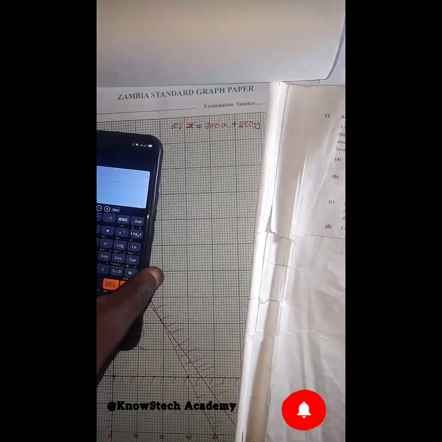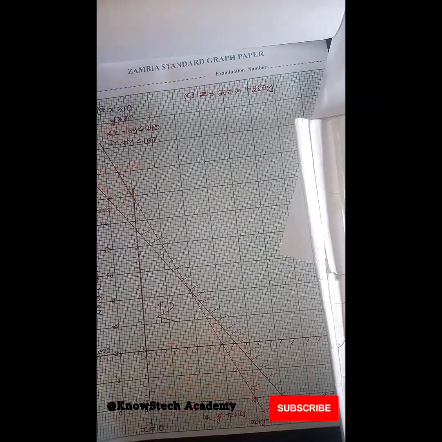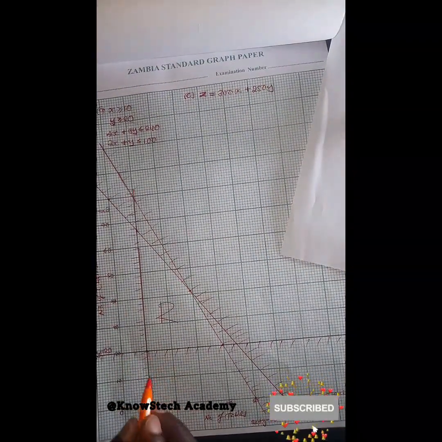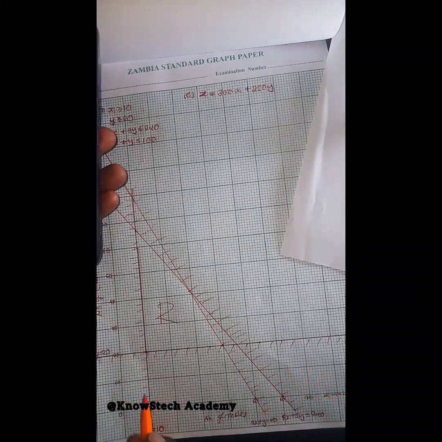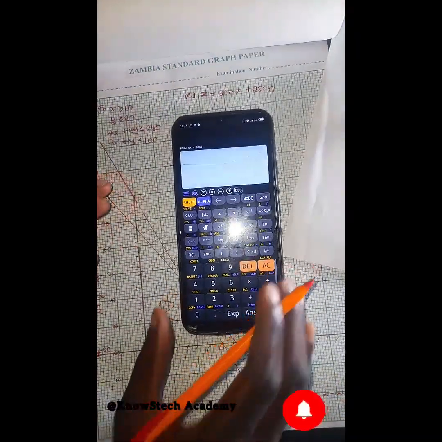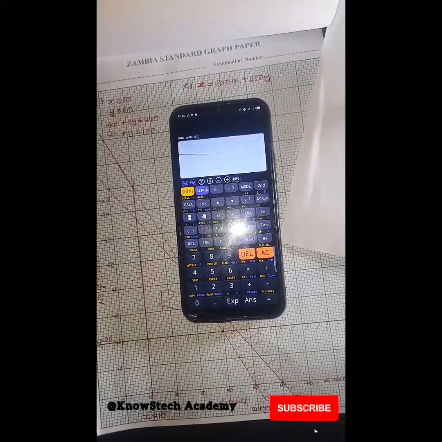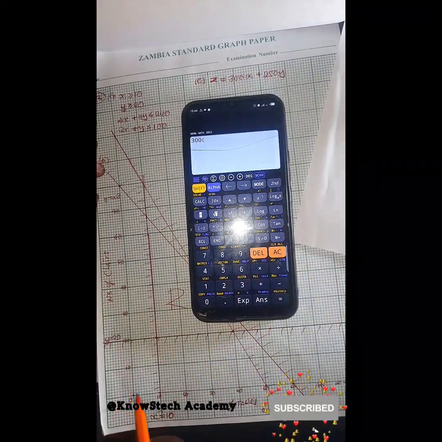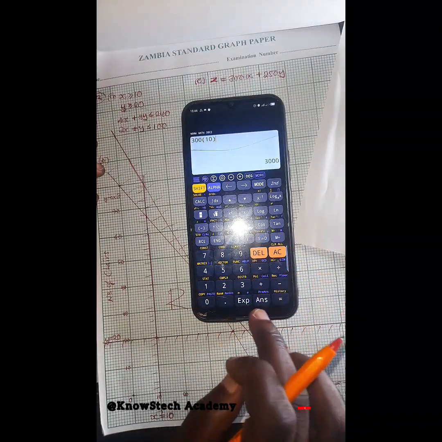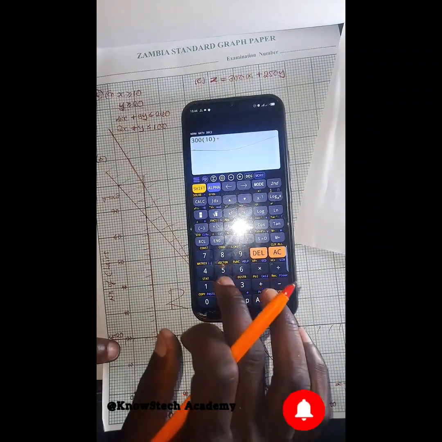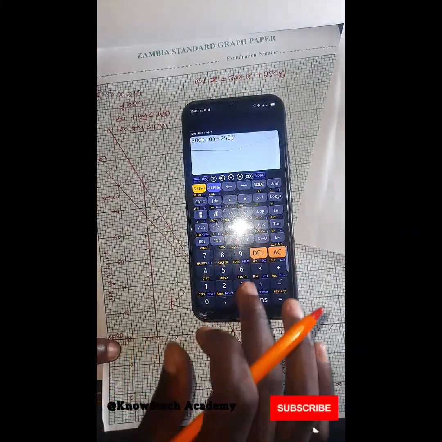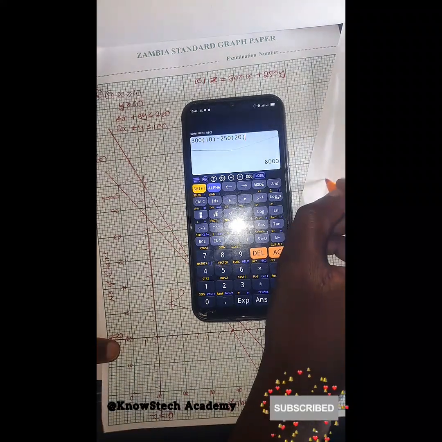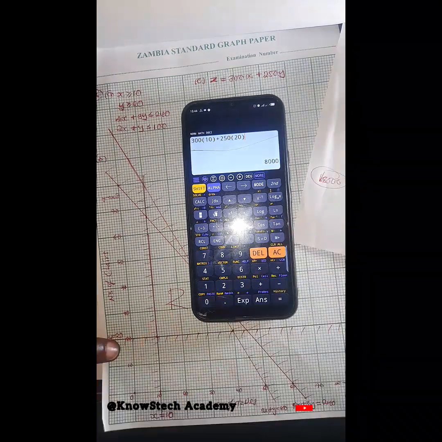Using my calculator here, let's start with this coordinate which is 10, 20. 10 is X, 20 is Y. So it will be 300 multiplied by X, which is 10, plus 250 multiplied by 20, giving us 8,000 as profit.